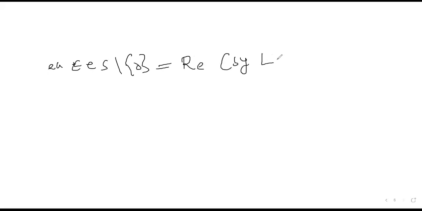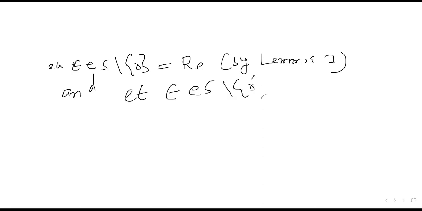Moreover, ET also belongs to ES minus 0, which is also equal to R_E, again by lemma 1. Okay, so this means what?